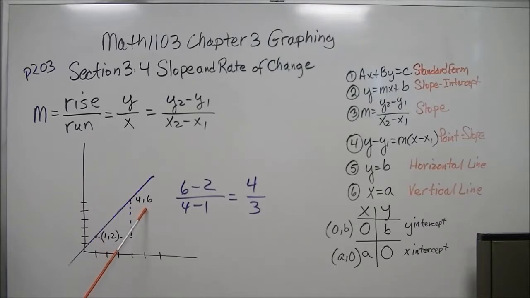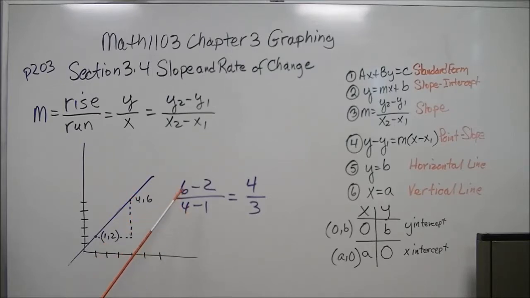So I always like to use this one as our y sub 2, which is 6. So I put the 6 right there, minus y sub 1, which is 2. So y sub 2 minus y sub 1. Negative sign is in the formula.